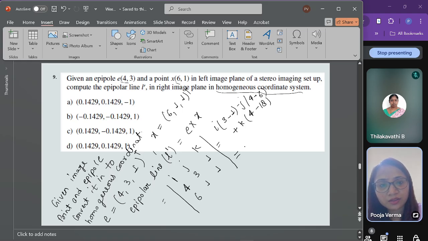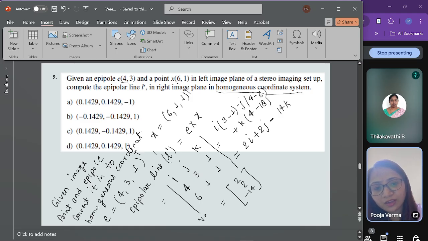Now next here you will get 2i plus 2j minus 14k. So we can write it in vector form also, like this: 2, 2, minus 14.